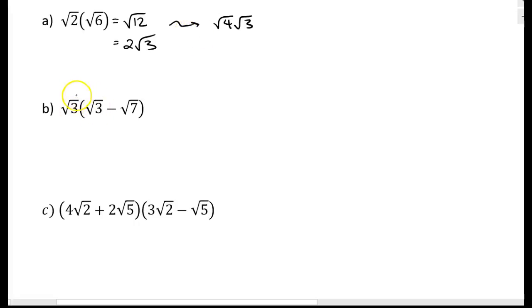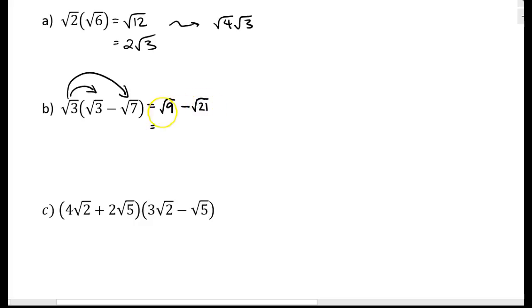In this scenario, we are going to have to distribute. Just like any other monomial times a binomial, when we have a single term multiplied by two terms in brackets, we need to multiply both pieces. So we're going to have root 3 times root 3, which is root 9, minus root 3 times root 7, which is root 21.